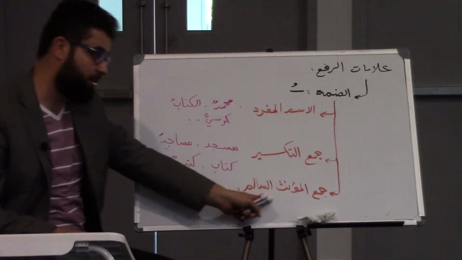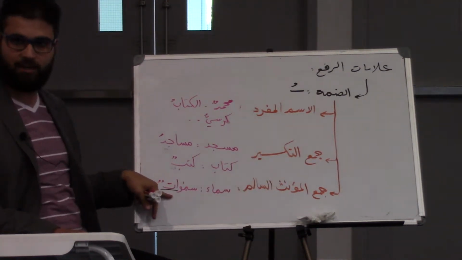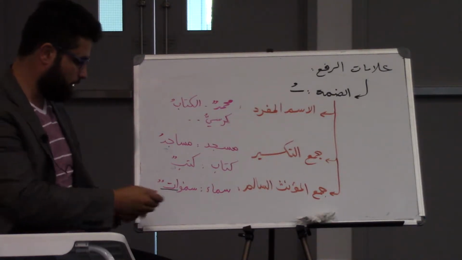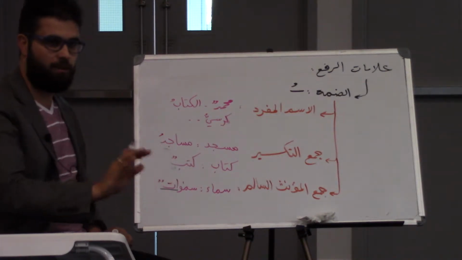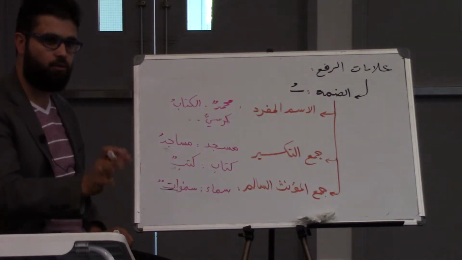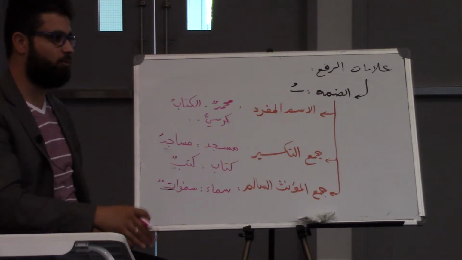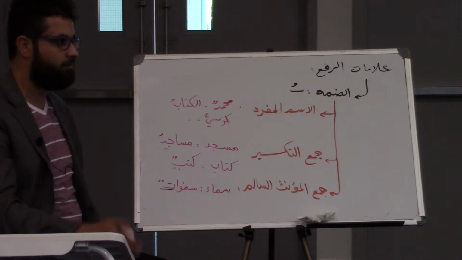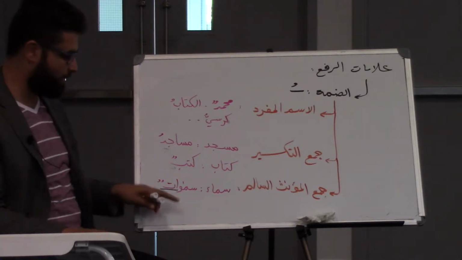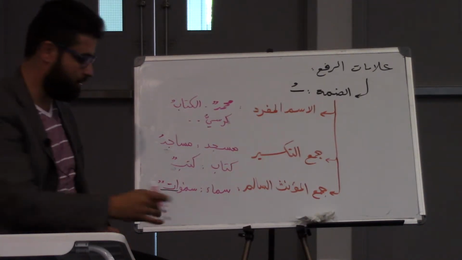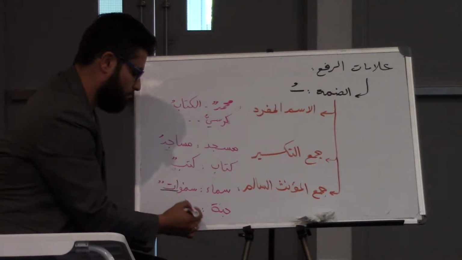So jam' al-mu'annath as-salim, the sound feminine plural, how we know it is there's alif ta at the end of it. What other examples do we have? Besides the ones that I gave, mu'minat, muslimat, give me something else. Yeah, so that's all descriptions of people. Mushrikat, munafiqat, all the same. What else do we have? Something that's not descriptive of people, maybe. Like samawat was an example. Jannat, very good. So Jannah, plural, jannat.